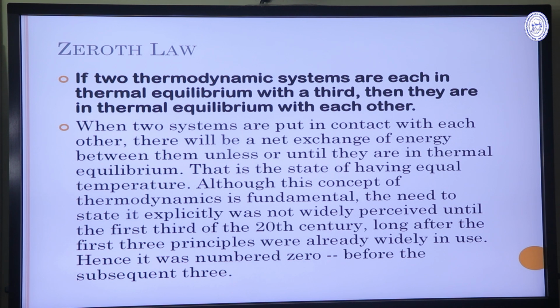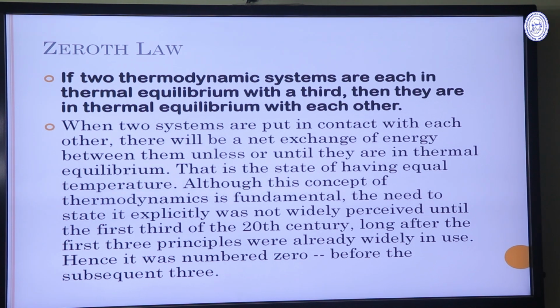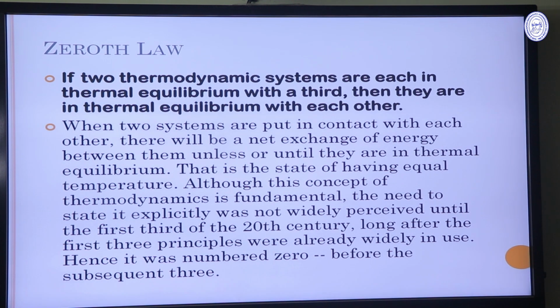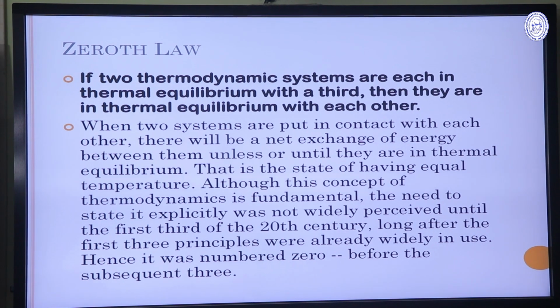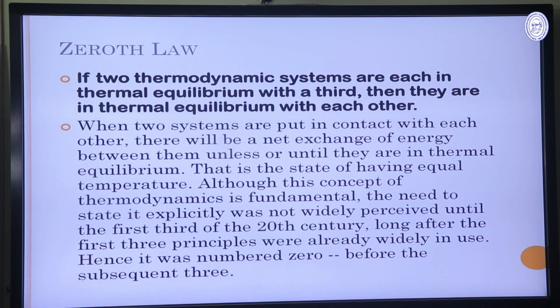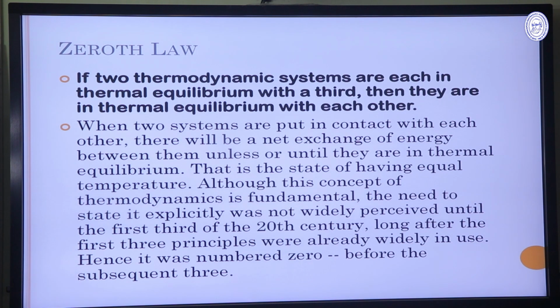If two thermodynamic systems are each in thermal equilibrium with a third body, that means suppose we have three systems A, B and C, and each of A and B is in thermal equilibrium with the third body C, that means A is in equilibrium with C and B is also in equilibrium with C, then they are in equilibrium with each other.